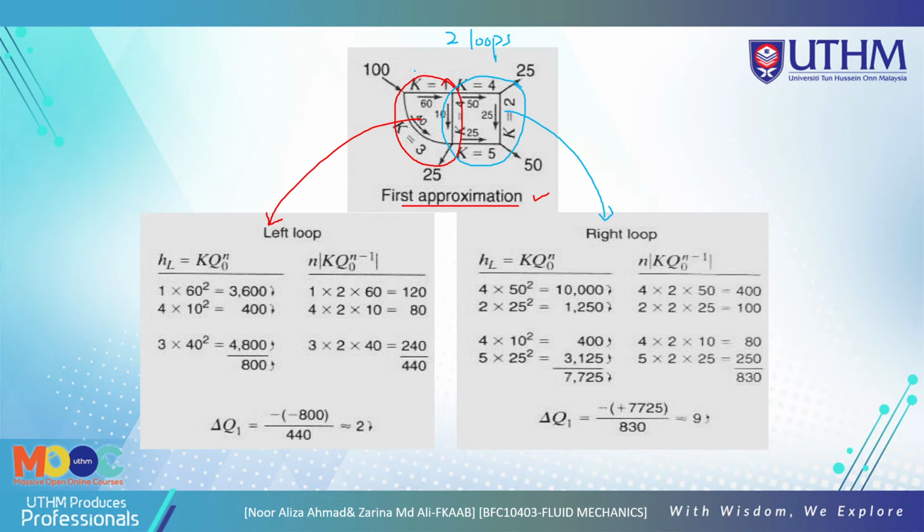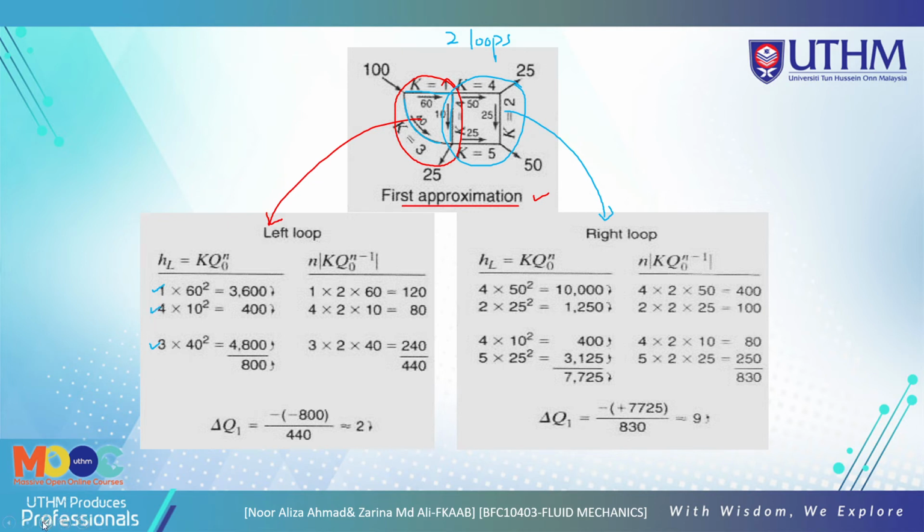Okay, so you just take the K, so this is K1. K1 is at this pipe. And K3 is at this pipe, and K4 is at this pipe.